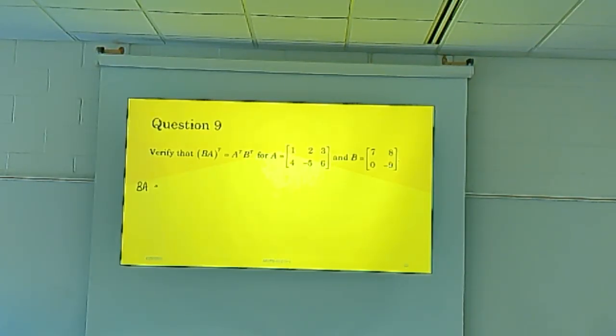Size of A? 2 by 3. Is B times A defined? Yes. 2 by 2 times 2 by 3. The result is what? 2 by 3.